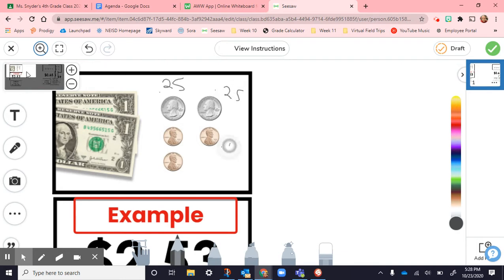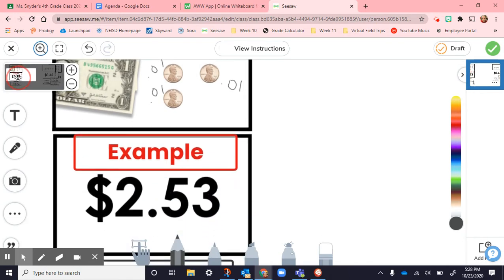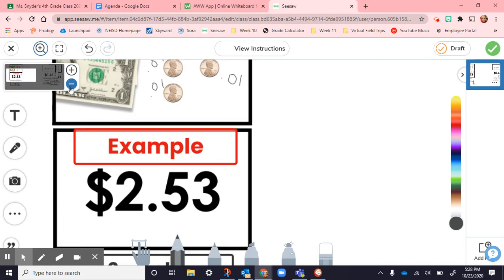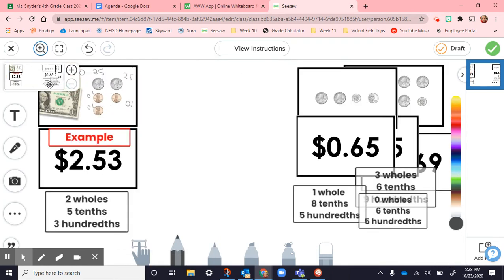Each one of these is 0.01, and this is worth 2.00. So when I have all of that added up, I can see that that equals, here's $2, 25 and 25 is 50, plus 3 would be 53. So there's my $2.53.